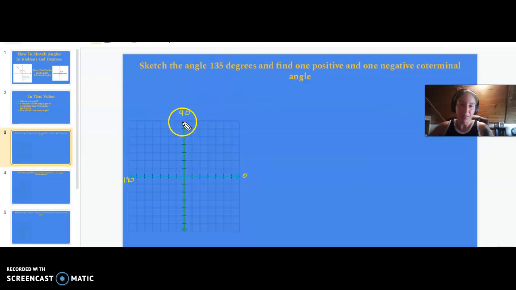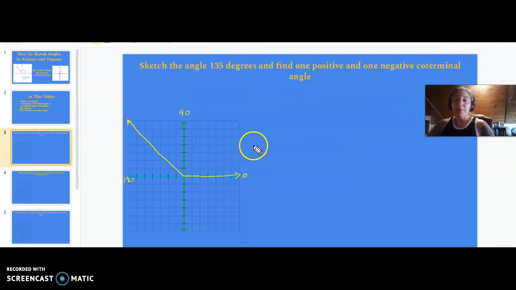It falls between 90 and 180, right in the middle. So the angle gets drawn literally right through the middle, starting over here, just like that. And that is the angle 135.